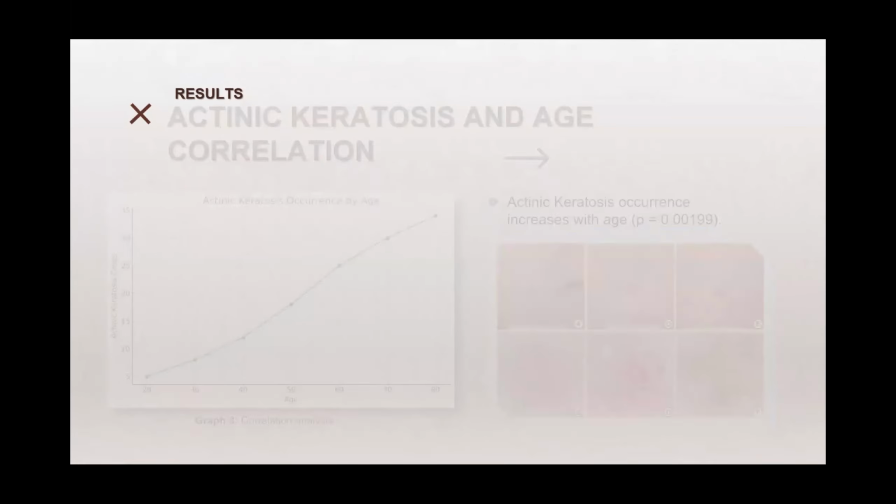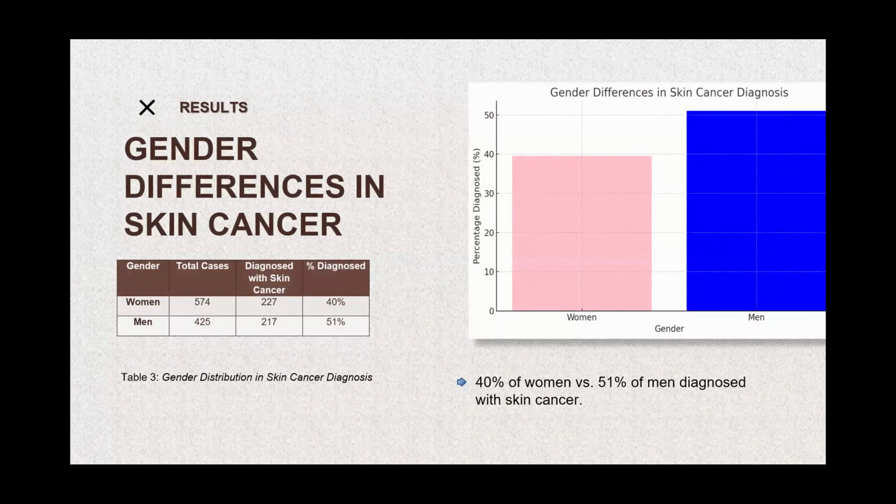What about the differences by sex? We found that in total of all our cases, 425 were men and 575 were women. Diagnosed with skin cancer were almost 40% of the women and 51% of the men. So in comparison with the total number of women and men, we see that 40% of our women and 51% of our men were affected.